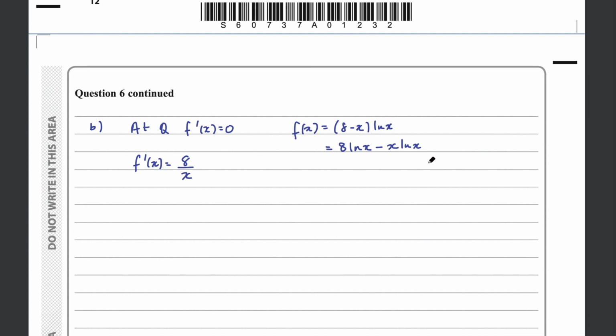And the second term, we need to use the product rule. So the product rule says that the derivative of two functions multiplied together, so if we have fg, the derivative of that is f prime times g plus f times g prime. So we can take the derivative of f, in this case x, which is just 1, and we need to subtract all of this.